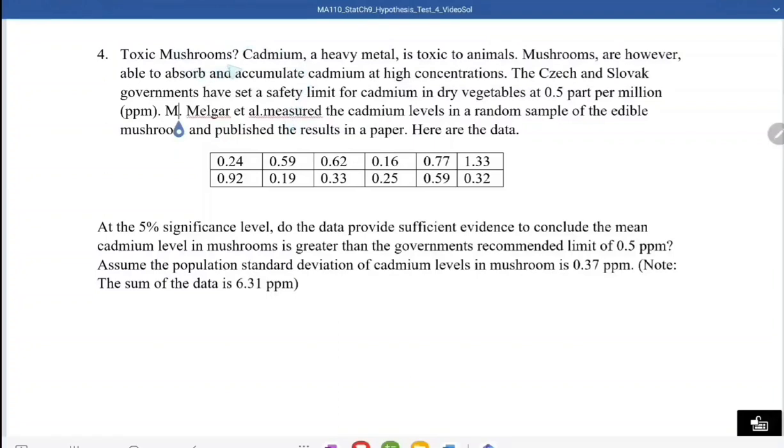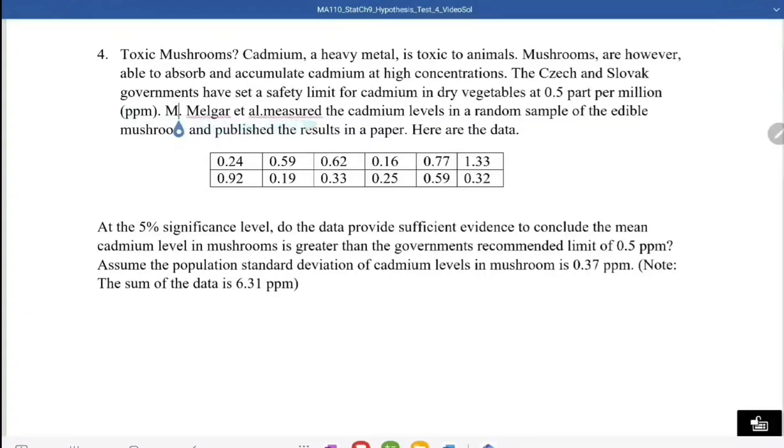It says toxic mushrooms, so something to do with poisonous mushrooms. Cadmium, a heavy metal, is toxic to animals. Mushrooms are, however, able to absorb and accumulate cadmium at high concentrations. The Czech and Slovak governments have set a safety limit for cadmium in dry vegetables at 0.5 part per million, or ppm.